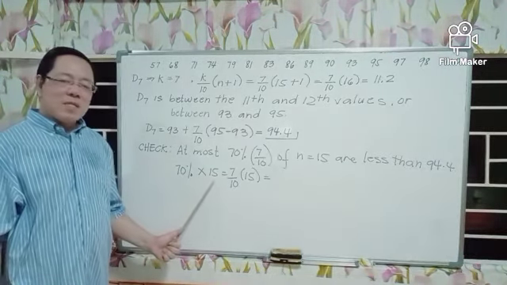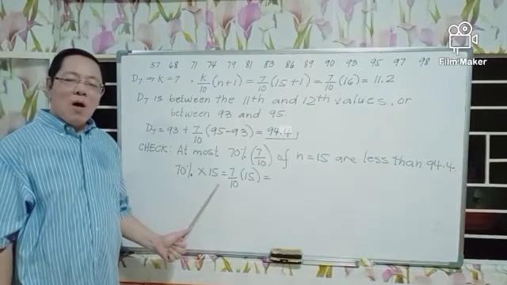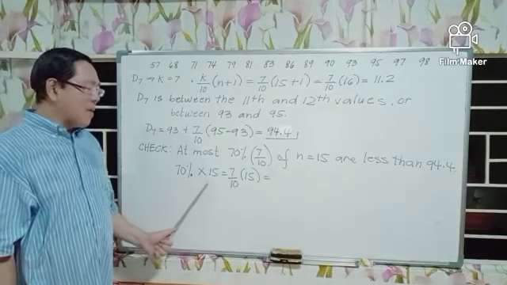70% of 15 is 70% multiplied by 15, or 0.7 multiplied by 15.